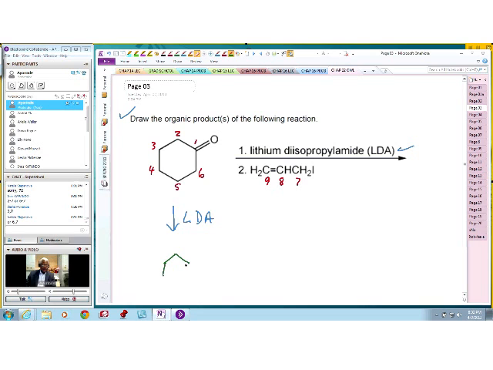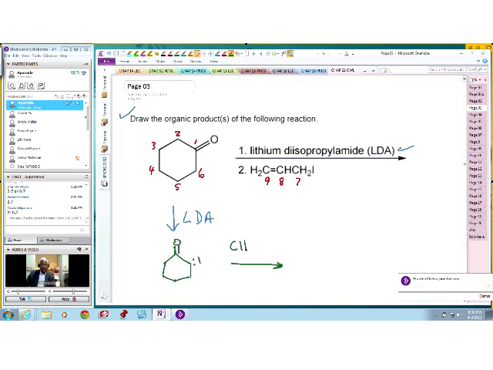Yes, 6 and 7. That is correct. 2 and 7 or 6 and 7. So LDA, what does it do? It forms this enolate anion here. Once you form the enolate anion, then the alkylating agent comes in, which is this here.